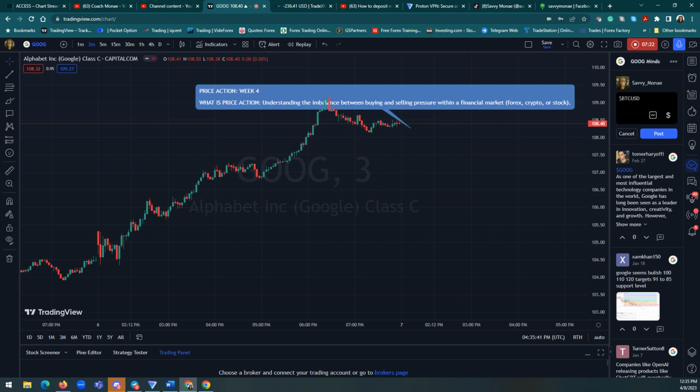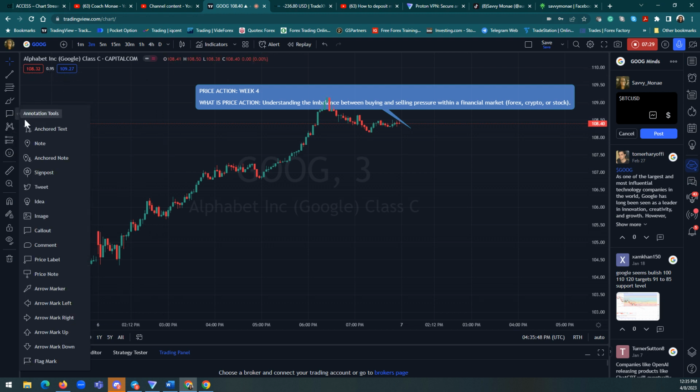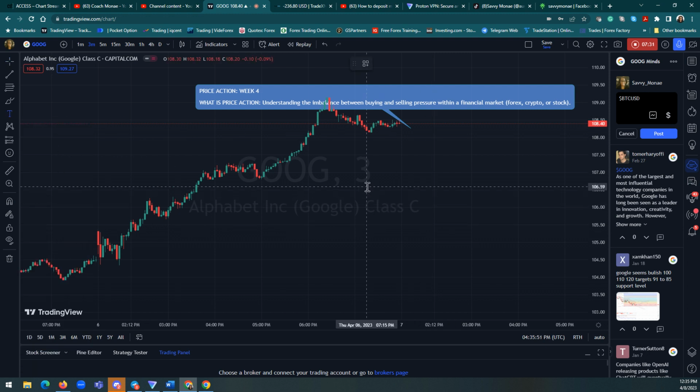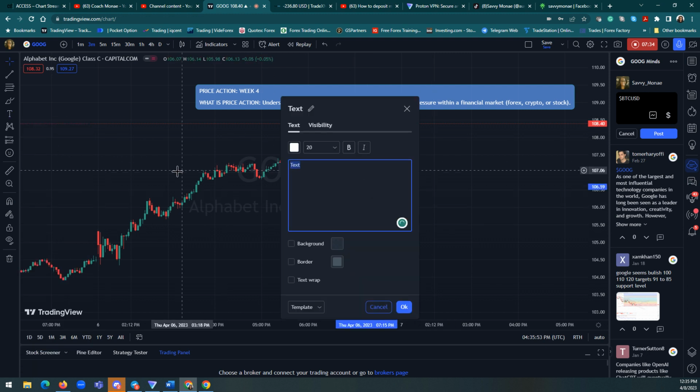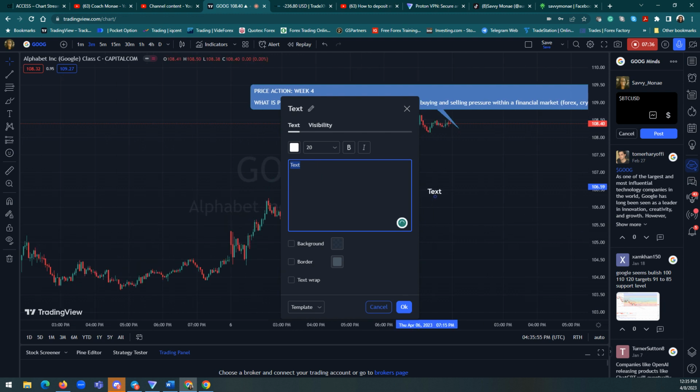What are the benefits of price action trading?